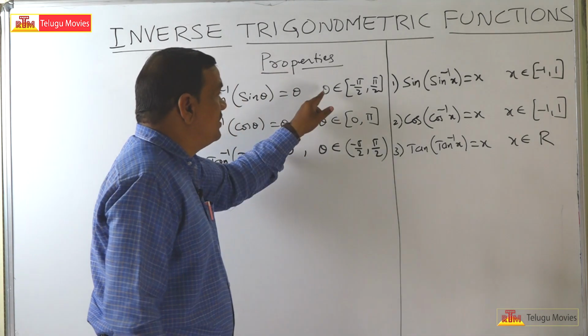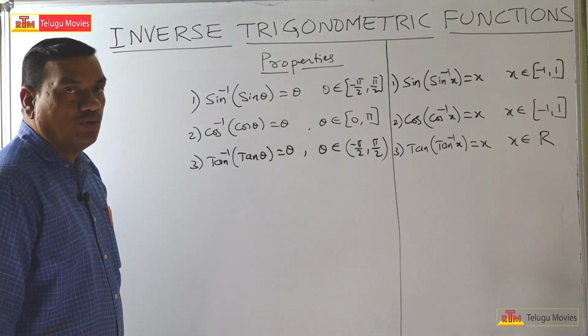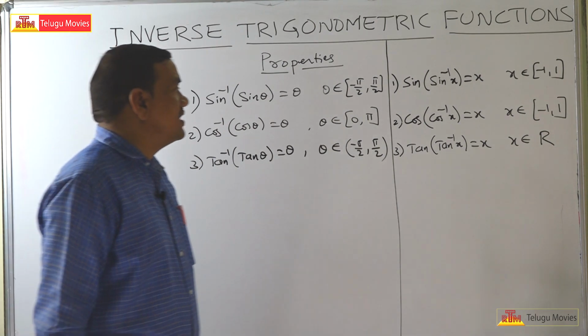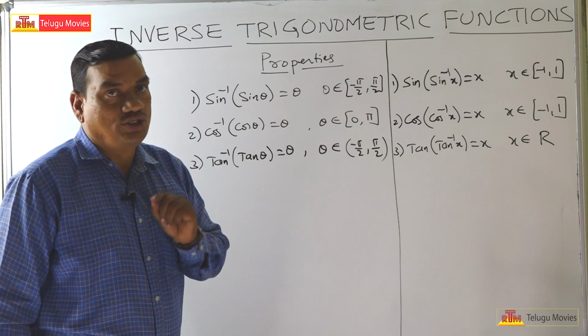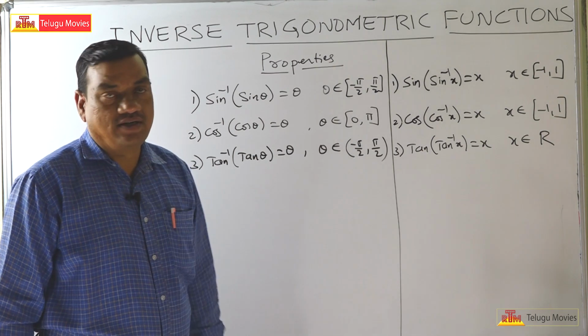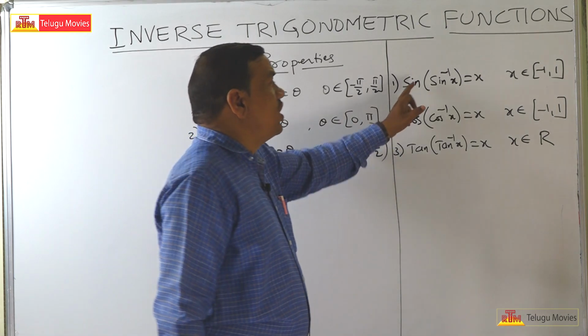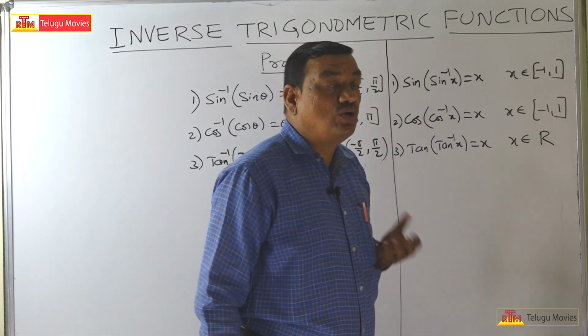But here theta belongs to the closed interval minus pi by 2 to plus pi by 2. Why? Because in this interval only, sin theta is bijective. In the last class I explained that clearly. So sin of sin inverse of x means what? Here x belongs to minus 1 to 1.